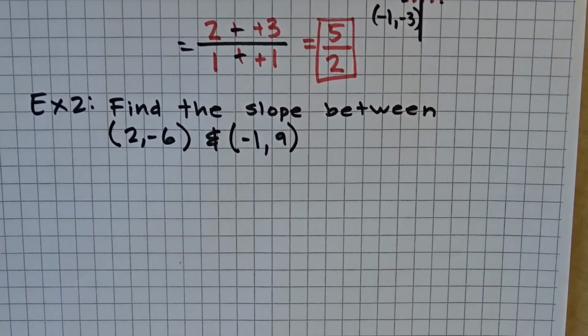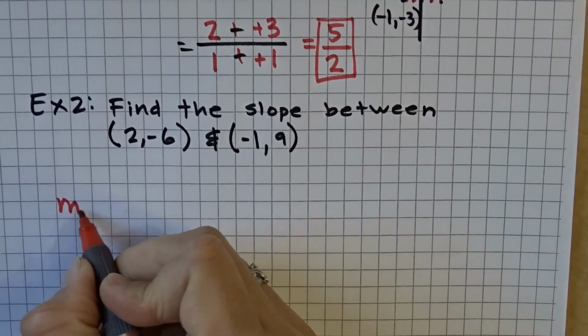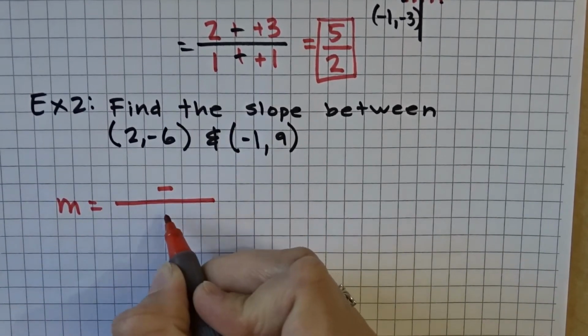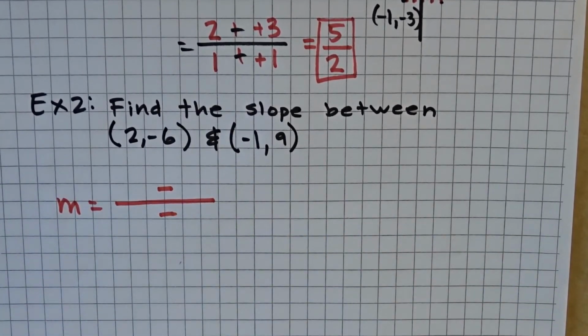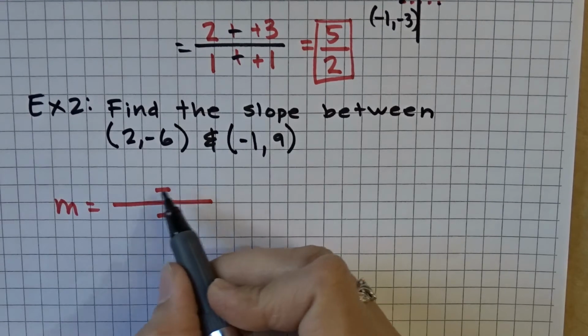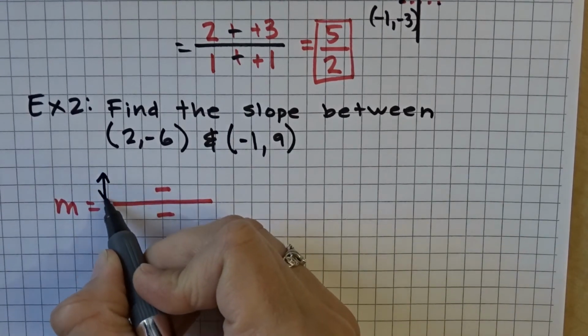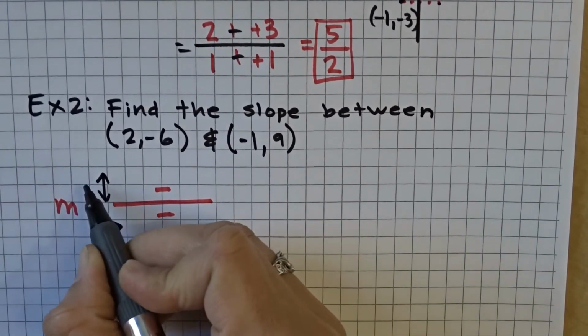Now, to do this, I'm going to do what I call the skeleton. And I say skeleton because I used to teach this in October, and it's the structure of the formula without the numbers or without the meat. And the meat would be the numbers that I'm plugging in. Now, I do remember that slope is always going to be the vertical values on top divided by the change of the horizontal values on the bottom. So I would need my y coordinates on the top, and my x coordinates on the bottom.